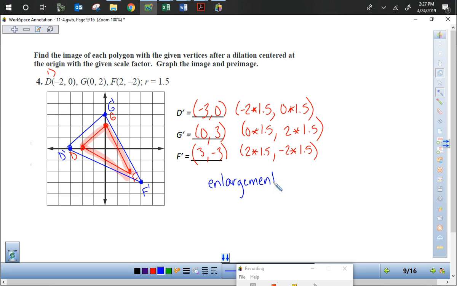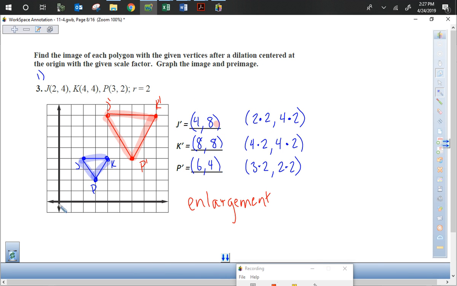Now I want to take a minute here to just talk about what's a little bit different from the last one to this one. So back at this picture, since we're dilating from the origin, when we make something bigger, it gets farther away from the origin, because we're really stretching that distance when we're talking about our ordered pairs here.